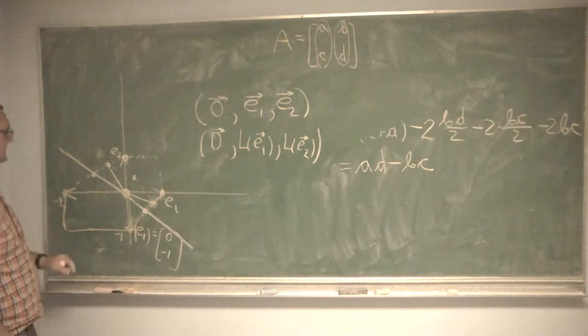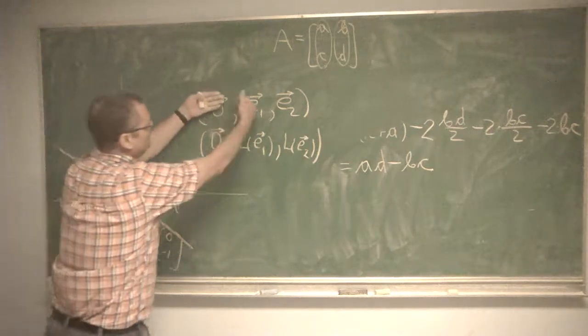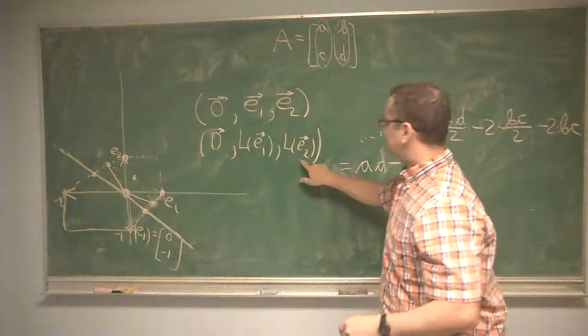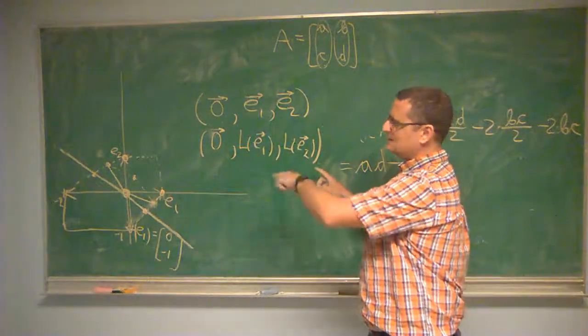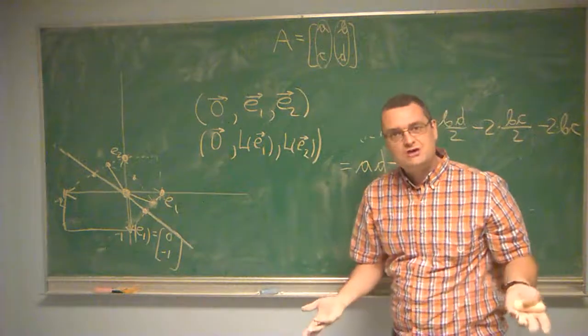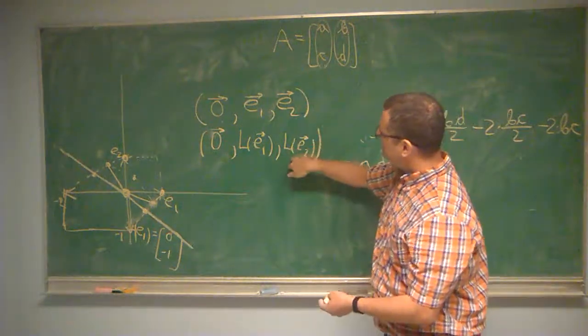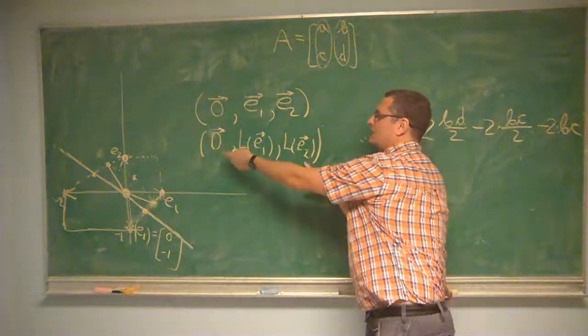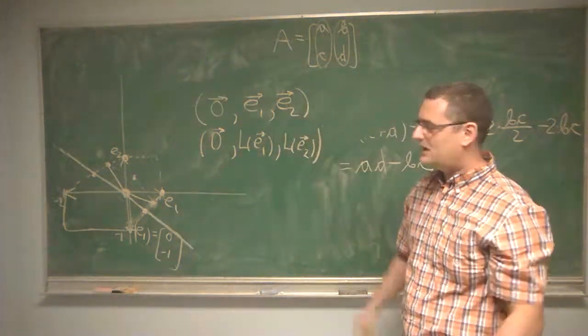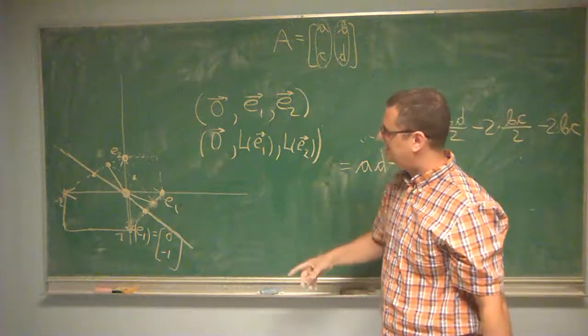So anyways, now when you look at their images, if these three are going in the same rotation as this one was, you do not change rotation. If these guys go in the opposite direction, then you have a change of rotation, a change of orientation.